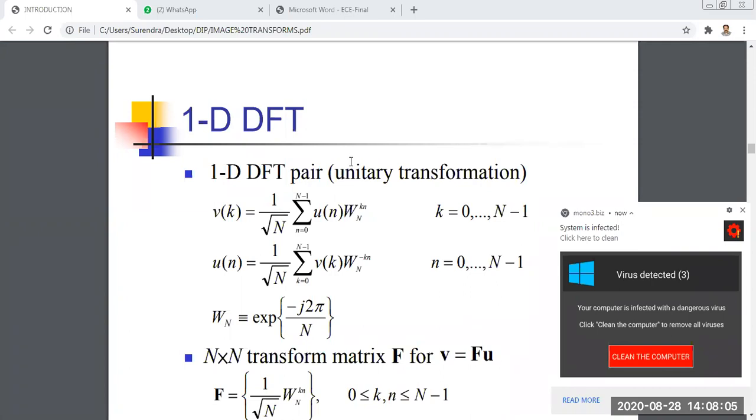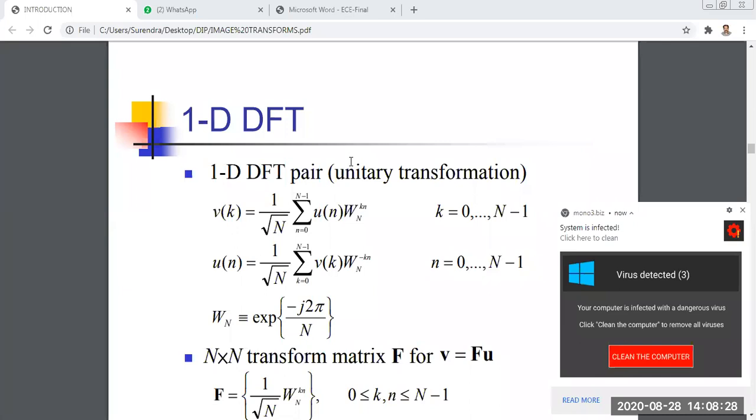Ninth is the SVD transform. And the 10th is the Radon transform. Once again, I will read out: DFT for one variable, DFT for two variables.